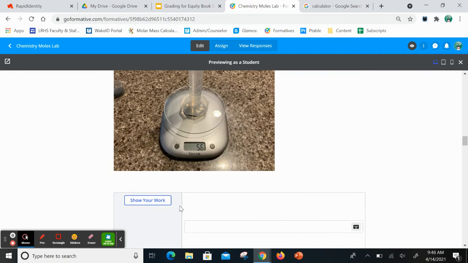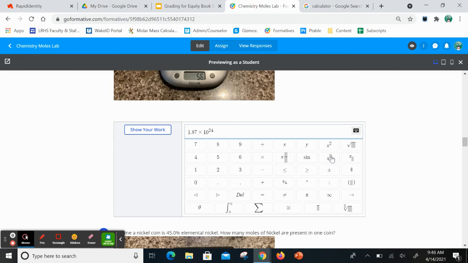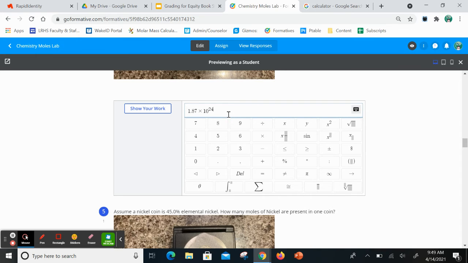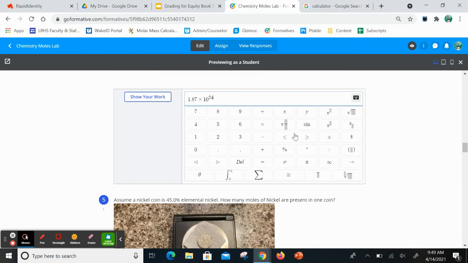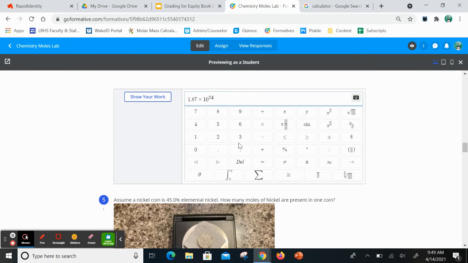So that one is 1.87, and we can hit this for the times 10, and then you can use this to get to the 24th. You could put anything in there as well, like a caret, however you want to do that. Or you can put 1.87 E24, like it's just here. That's all fine for that answer.